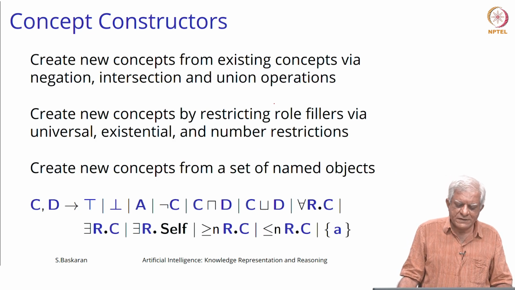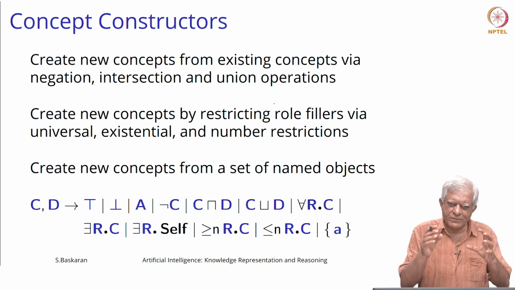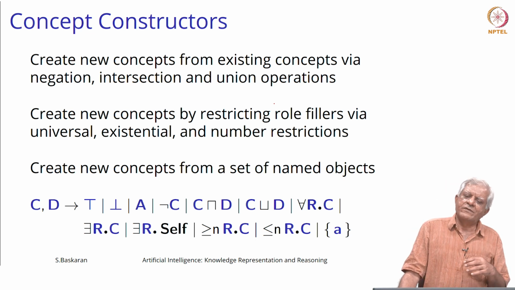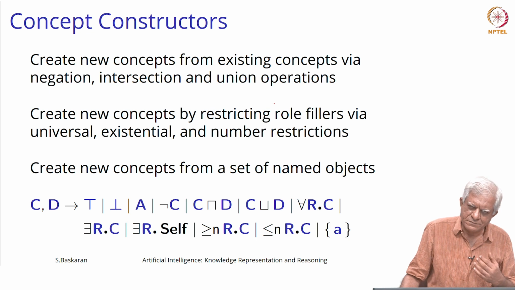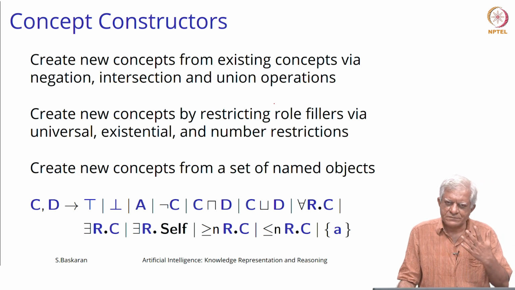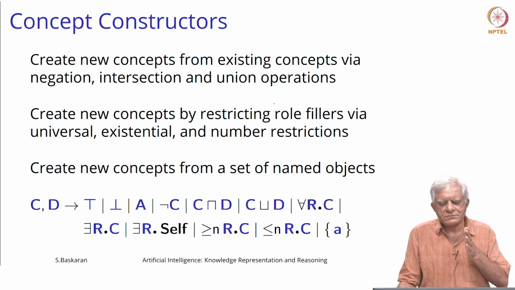So, concept constructors allow you to create new concepts from existing concepts. So, you can start off with a set of basic concepts. We did that when we were defining the family database. We said that we will talk about only two kinds of relations. One is a parent child relationship and the other is a gender relationship.